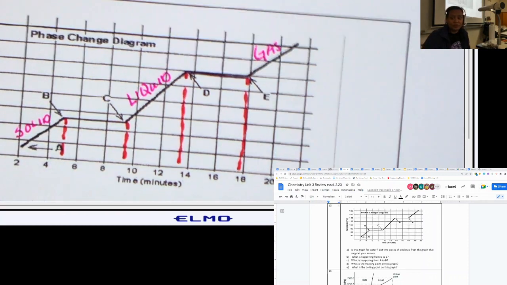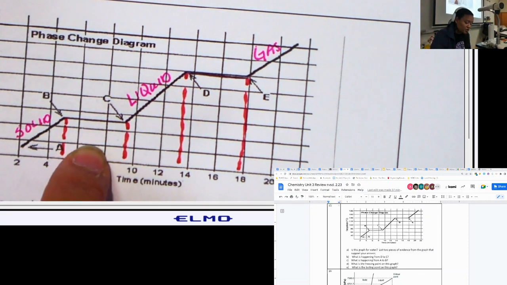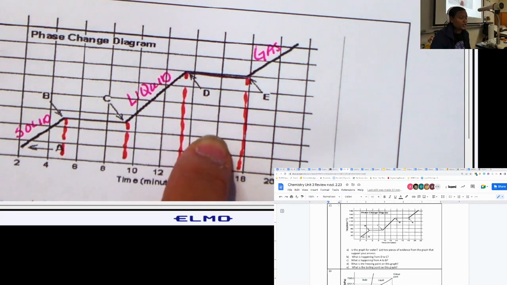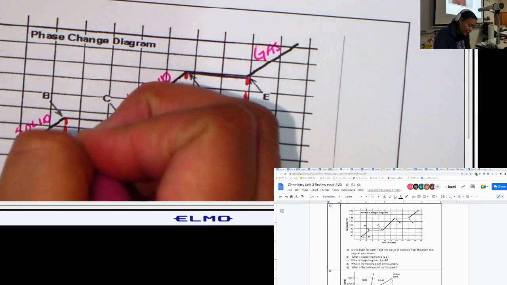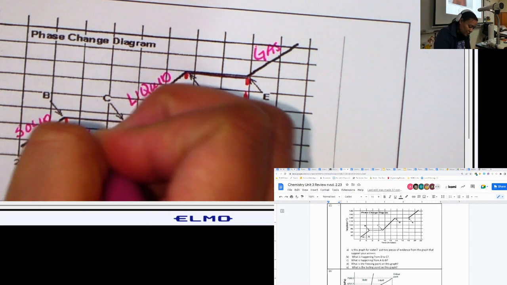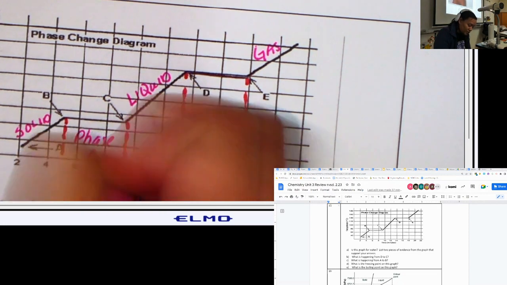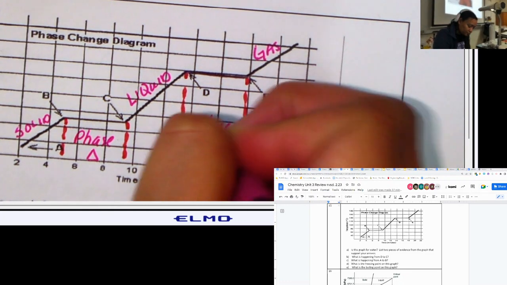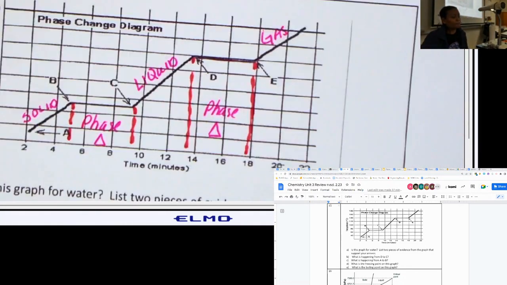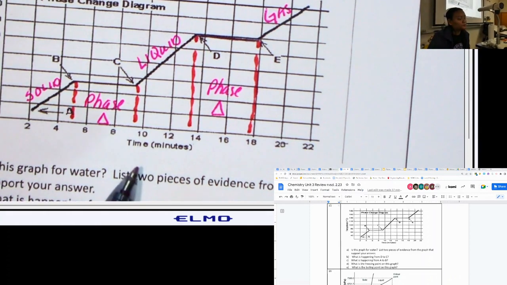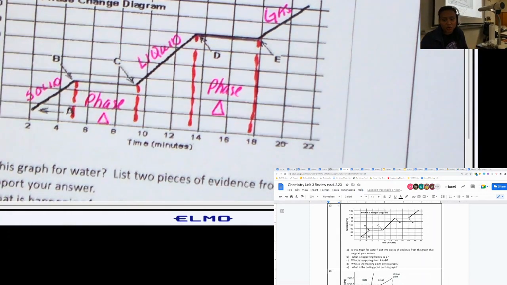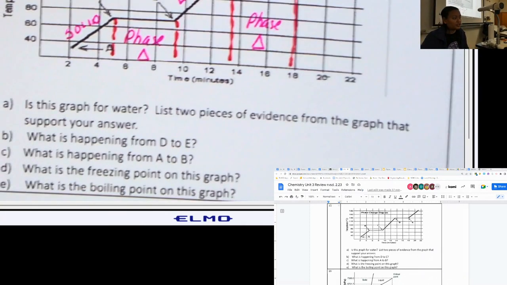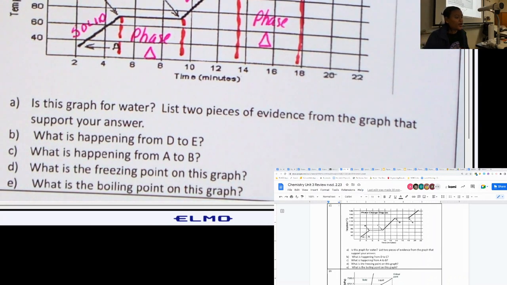Again, phase change here from solid to a liquid, and then phase change here. I'm just going to write phase with a triangle. Delta means change. There's phase change here and phase change here. Now, the question in your assignment says, A, is this graph for water?